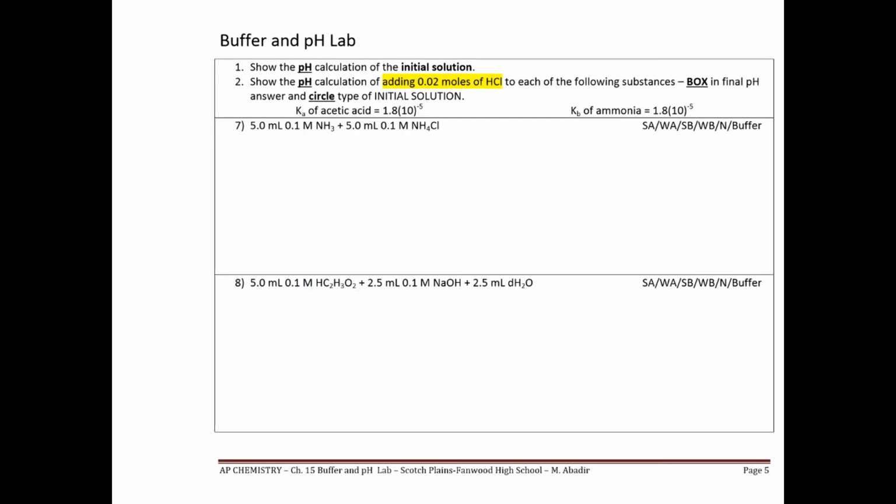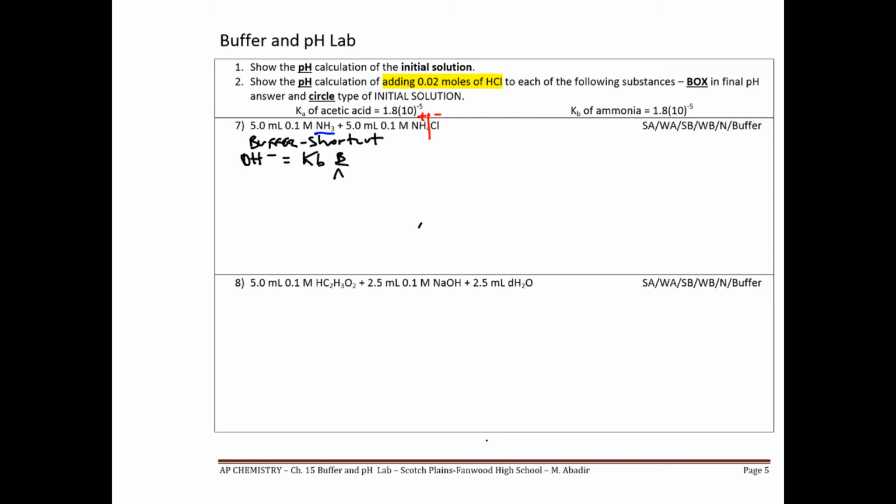On number 7, we have a weak base and its conjugate acid because ammonium chloride will dissociate. Therefore, we have a buffer, and when you have a buffer, we use the buffer shortcut. Remember that this is not going to react when they are conjugates of one another. So for the buffer shortcut, I'm going to use the OH shortcut simply because we know the Kb.